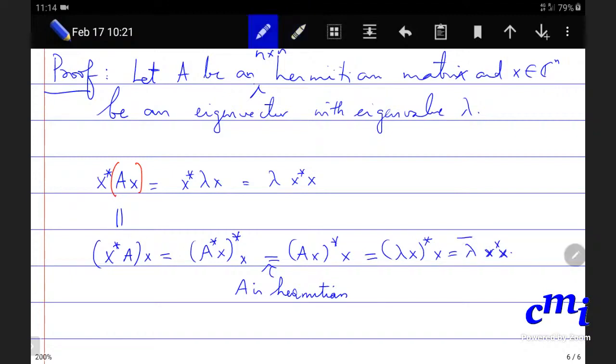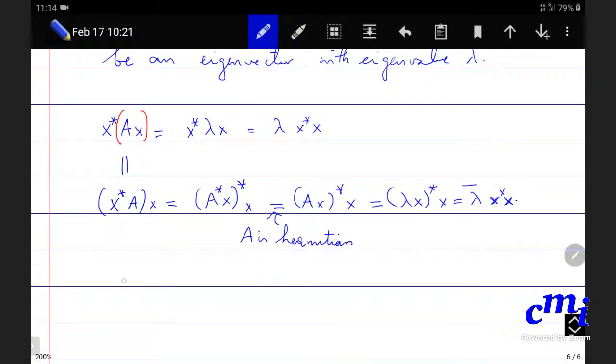So lambda equals lambda bar, meaning lambda is real.